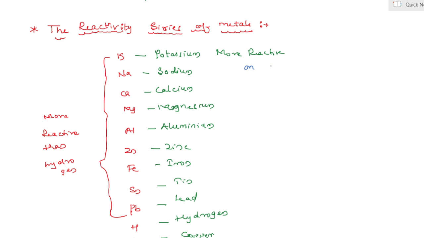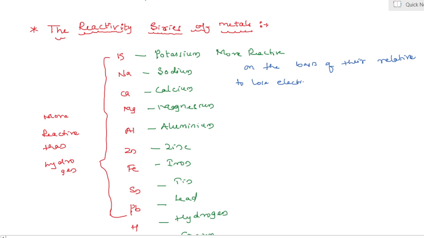On the basis of their relative tendency to lose electrons and their reactive nature, metals are arranged in a series.